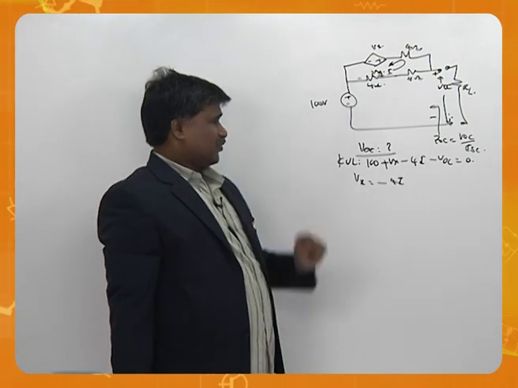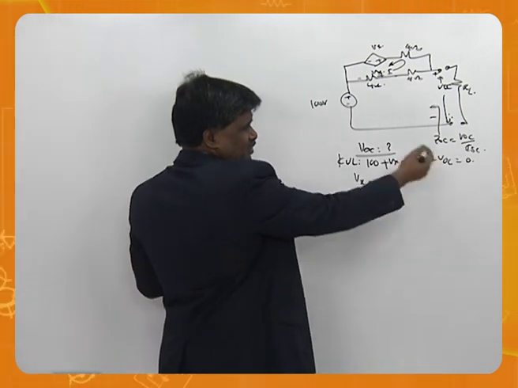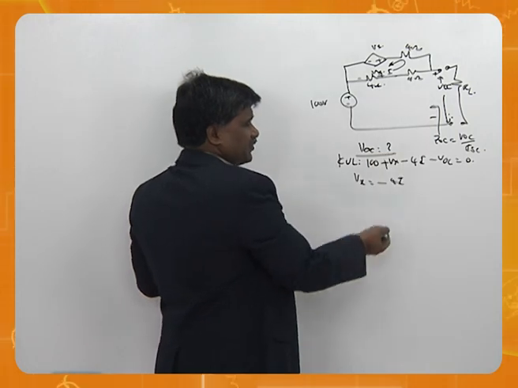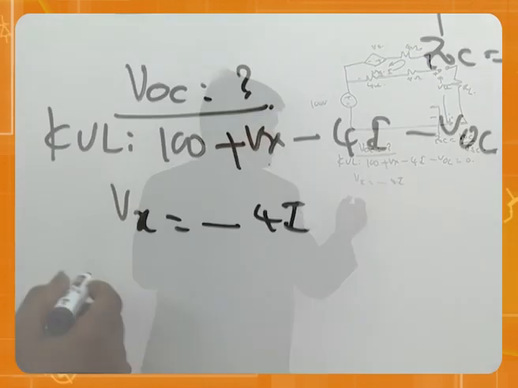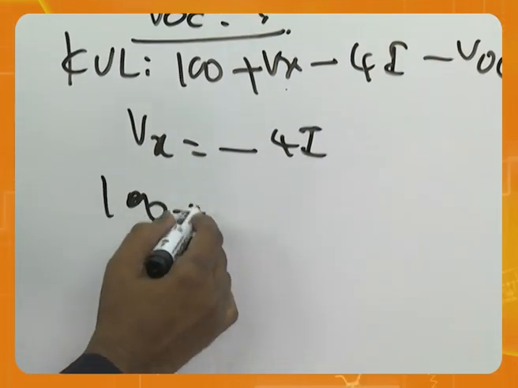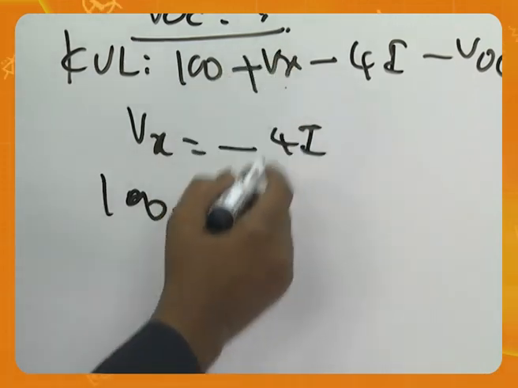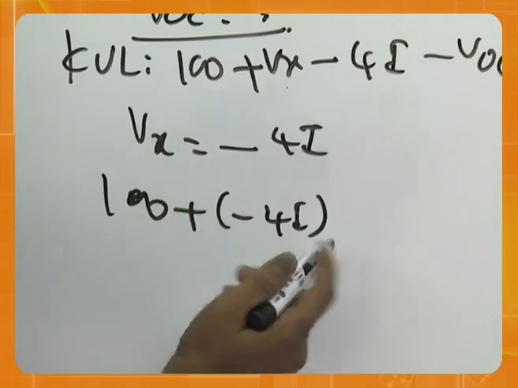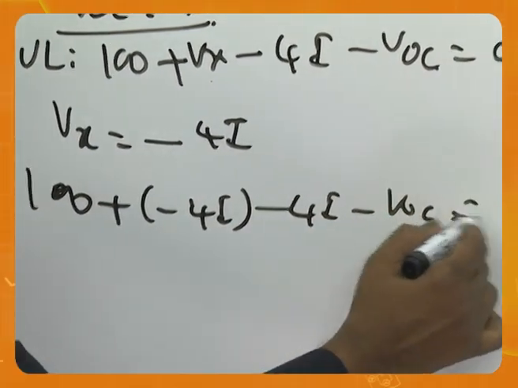Vx is minus 4I. Then the total equation will come in terms of I, so bring everything in terms of I. That means 100 plus, in the place of Vx, you can say minus 4I, minus 4I minus VOC.